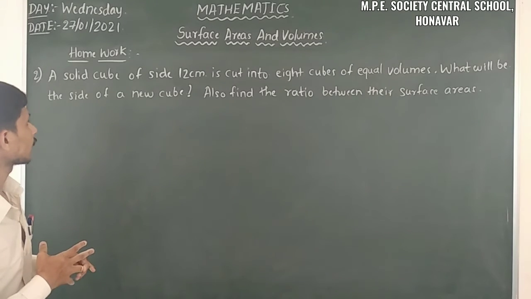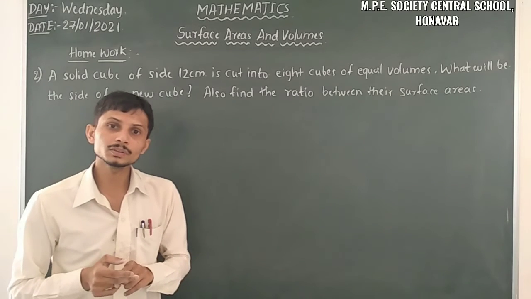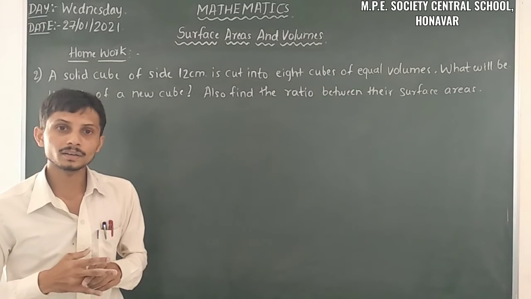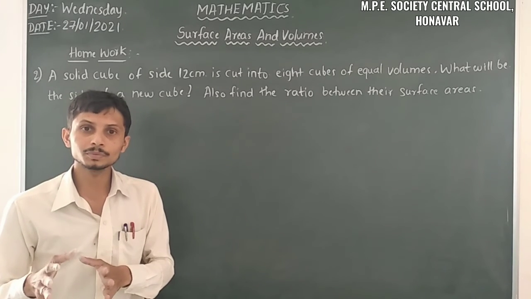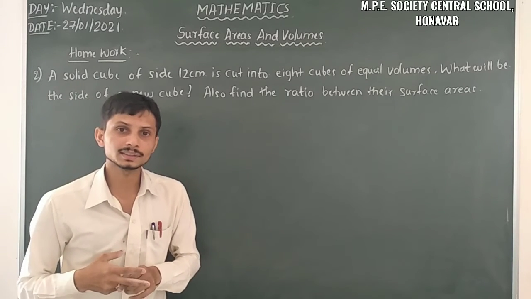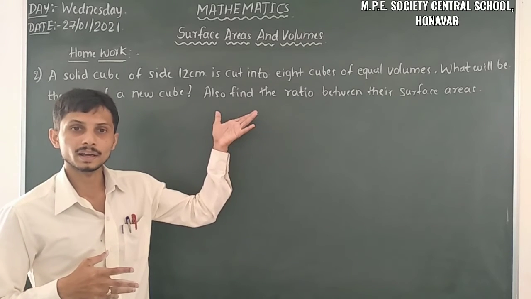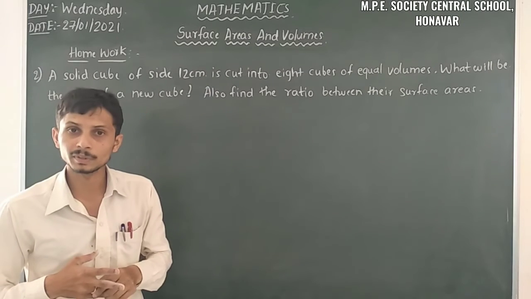What will be the side of a new cube? So here, firstly what we have to do is find out the complete volume of the cube, and here we cut it into 8 equal volumes, so we can divide whatever volume we got for the solid cube, having the edge of 12 cm, by 8.